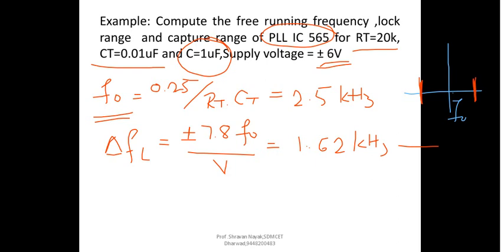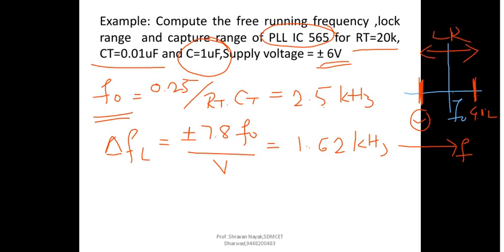If you take this as the frequency scale, this frequency will be 2.5 minus 1.62, and this frequency will be 2.5 plus 1.62, that is 4.12 kilohertz. Whatever 2.5 minus 1.62 is, please calculate it and put it. So this is going to be your lock range.